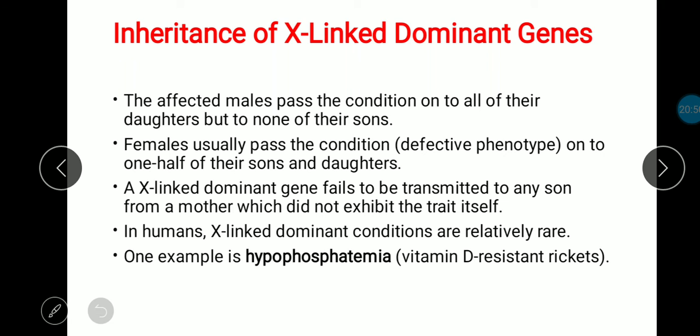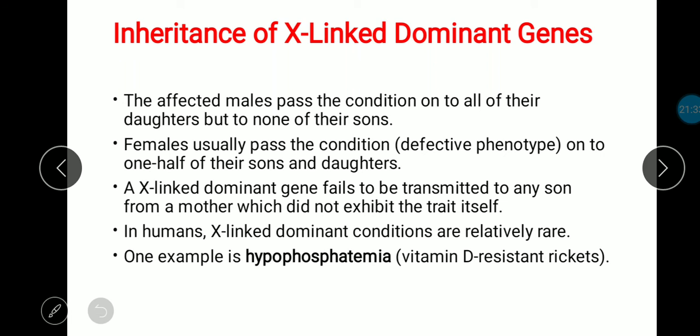In the inheritance of X-linked dominant genes, affected males pass the condition on to all their daughters but to none of their sons. The females usually pass the condition on to 50% of sons and daughters. An X-linked dominant gene fails to be transmitted to any son from a mother who did not exhibit the trait herself. In humans, X-linked dominant conditions are relatively rare.